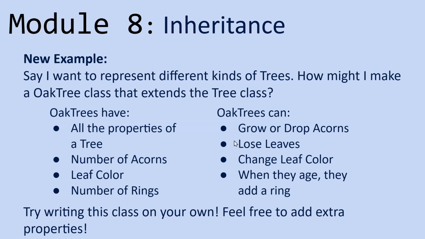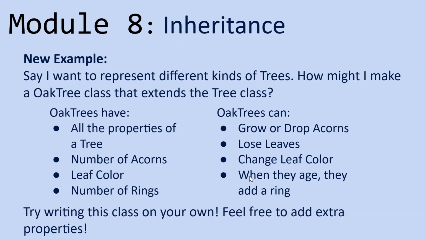I'm going to make this one method. It would probably be better if you made them different methods, so feel free, but I'm just trying to save space. And then oak trees, at least most oak trees, can lose leaves. Some are evergreen, but for this oak tree class I'm just going to say it's not an evergreen tree. And then most oak trees change leaf color, and also when they age, they add a ring.